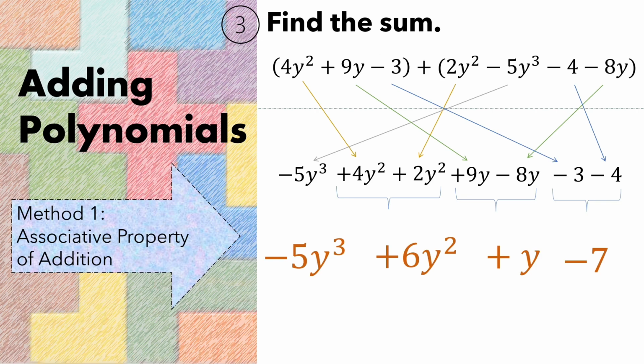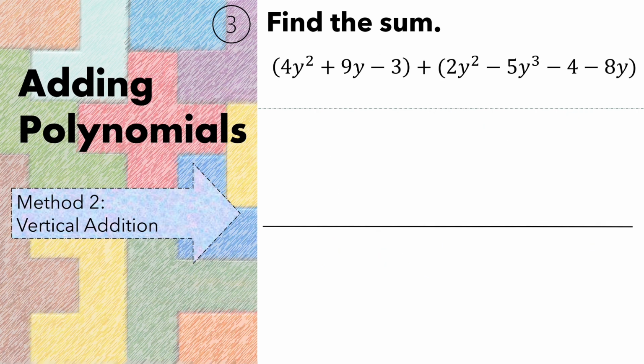Next, method 2, using the vertical addition. Copy the first polynomial 4y squared plus 9y minus 3. Then align the terms of the second polynomial one after the other.